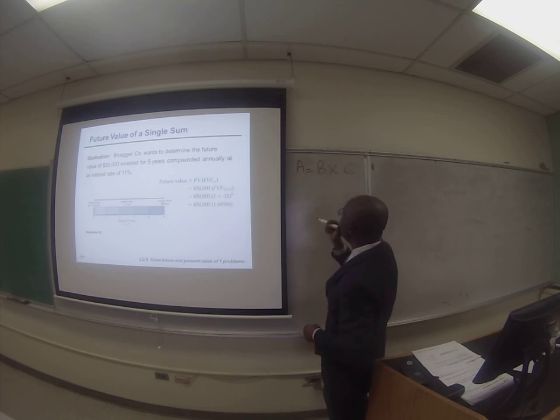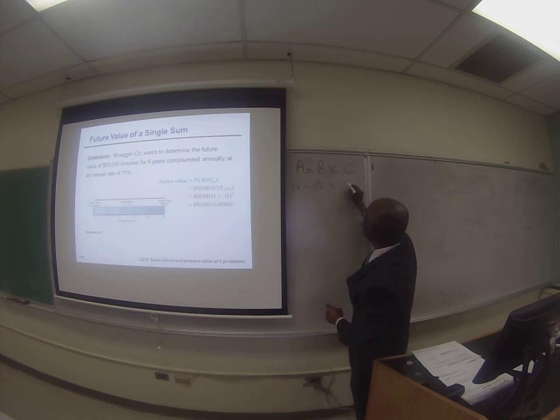Okay, now, this formula says if A is future value, then B has to be present value and vice versa. So if A is present value, B has to be future value. If A is future value, B has to be present value, multiplied by C. C has to be the future value factor of whatever A is.